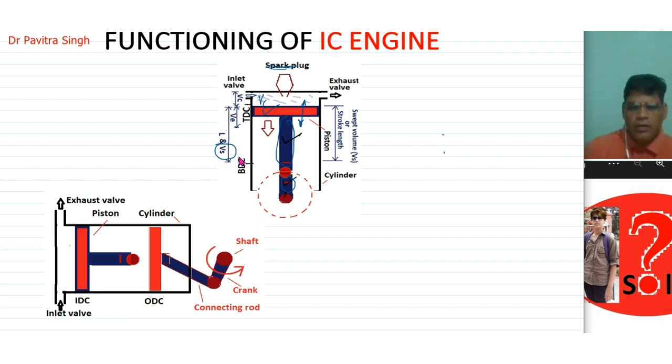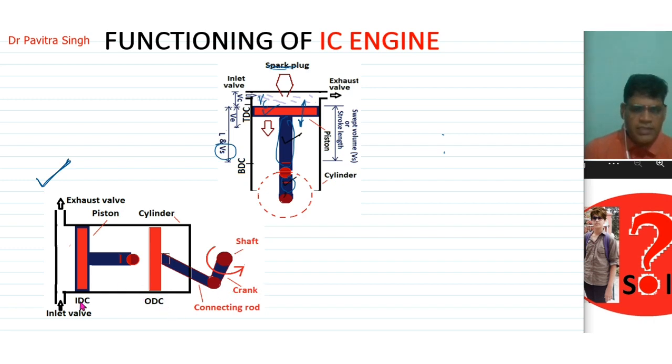Now this is the horizontal alignment of the IC engine. The only difference is IDC and ODC, whereas here we used TDC and BDC. The piston moves from IDC to ODC and ODC to IDC. IDC is inner dead center and ODC is outer dead center.